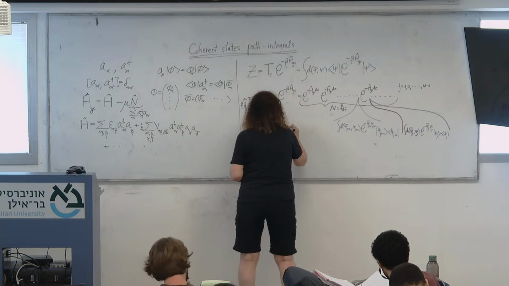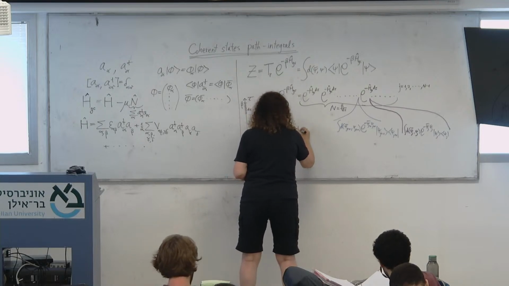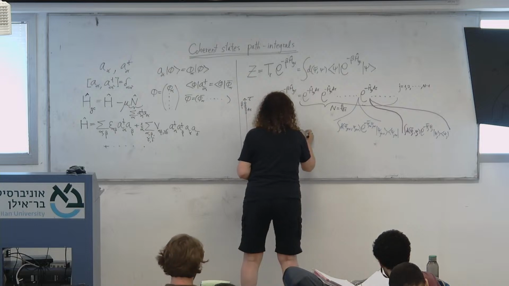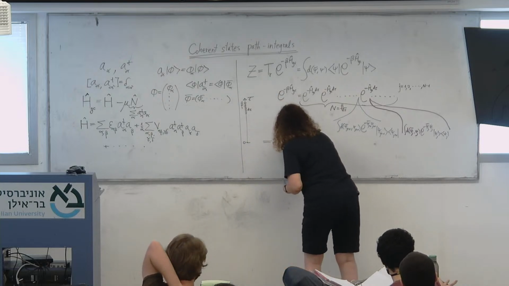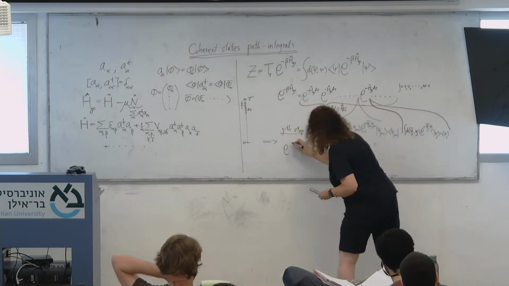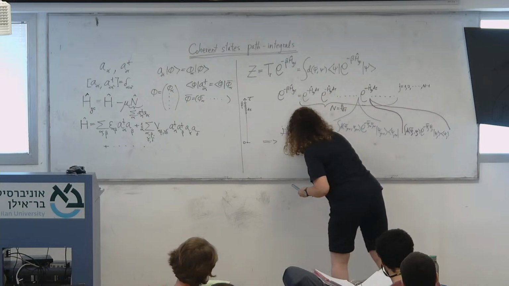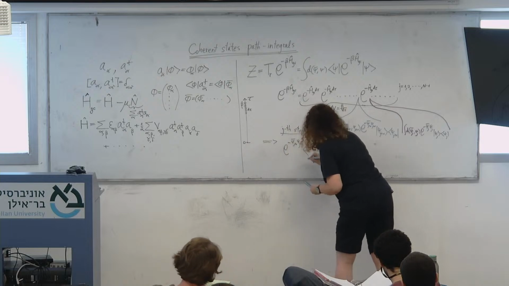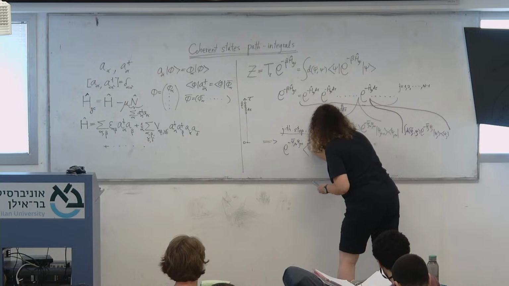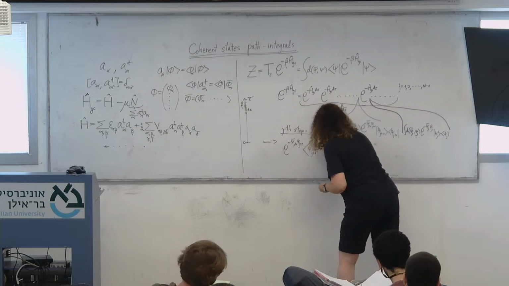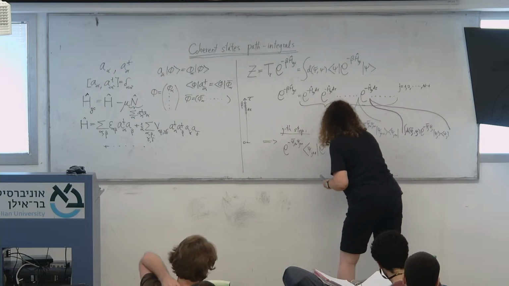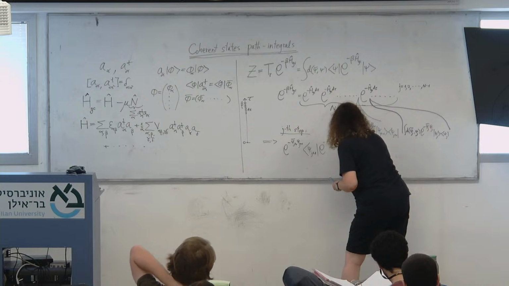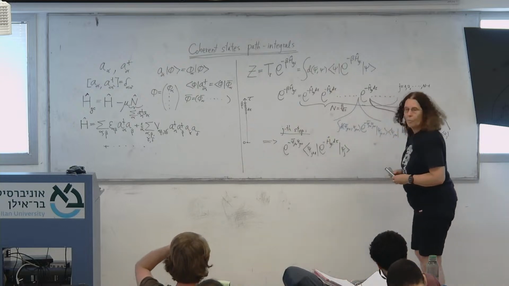At the jth step we end up having this exponential multiplied by the matrix element of e to the minus h d tau between psi j plus 1 and psi j.